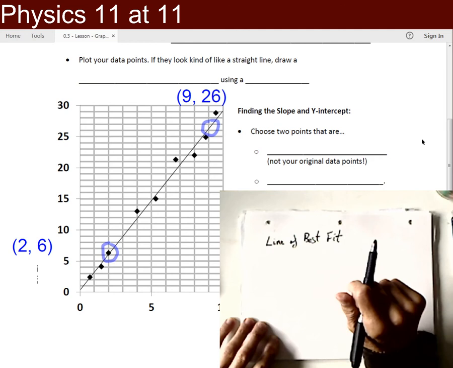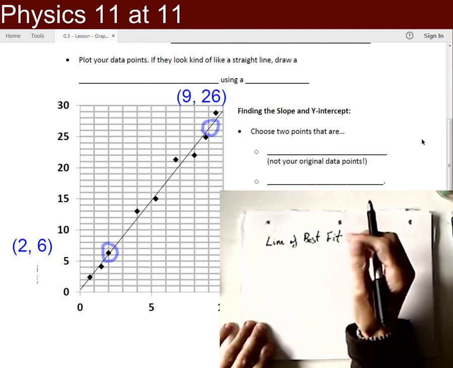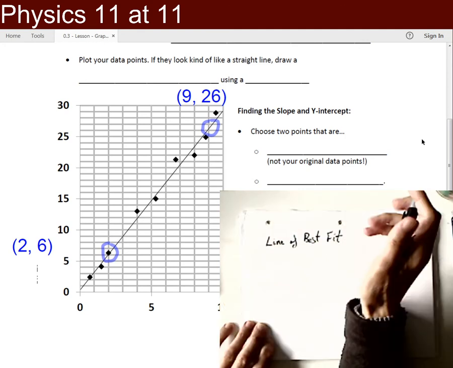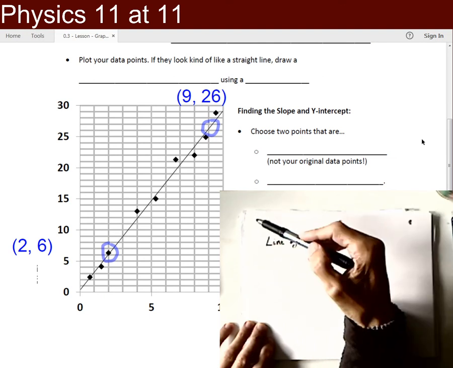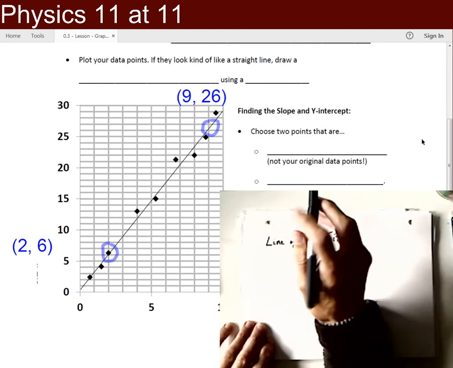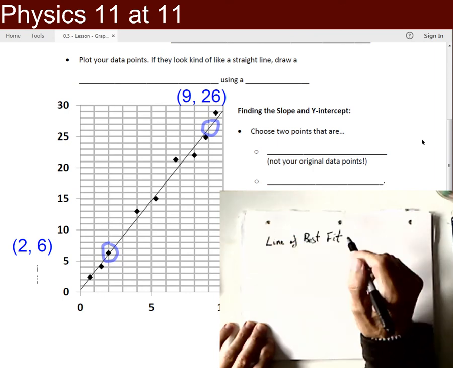Okay, but if you're using paper, then you draw it in there, as best as you can, just using your eyeballs to see that it goes close to the points that are there. In a perfect world, having an equal number of points above and below the line, plus passing through some points along the way. It's kind of subjective, but if you're not using technology, do your best there.